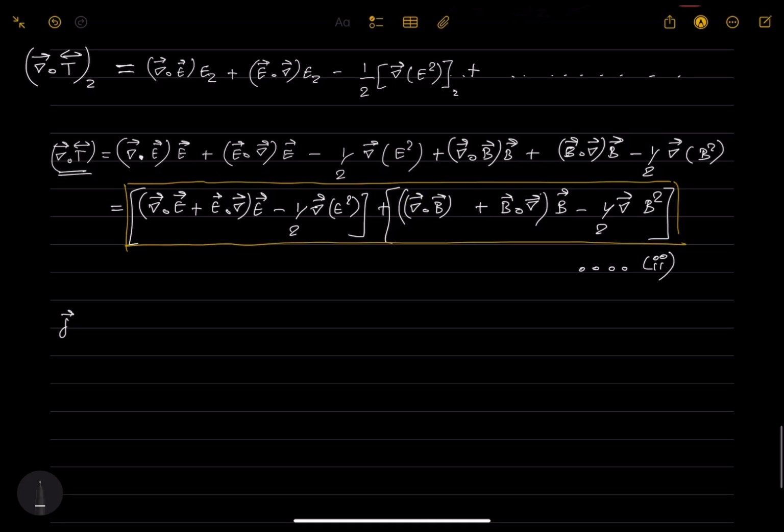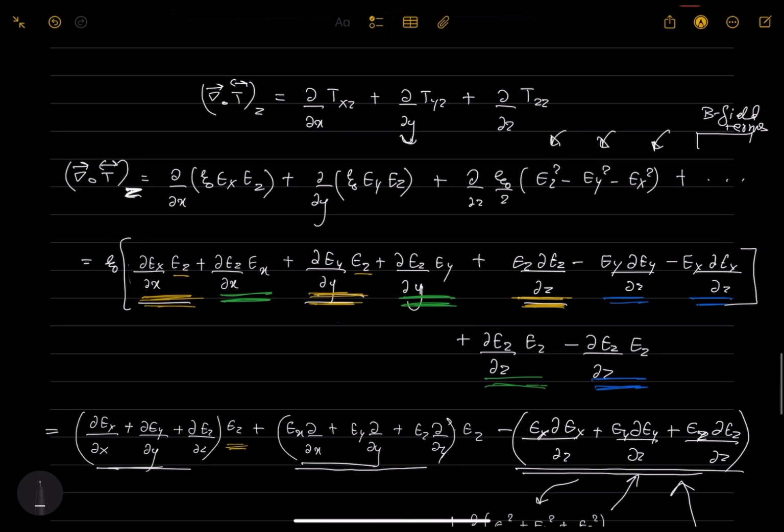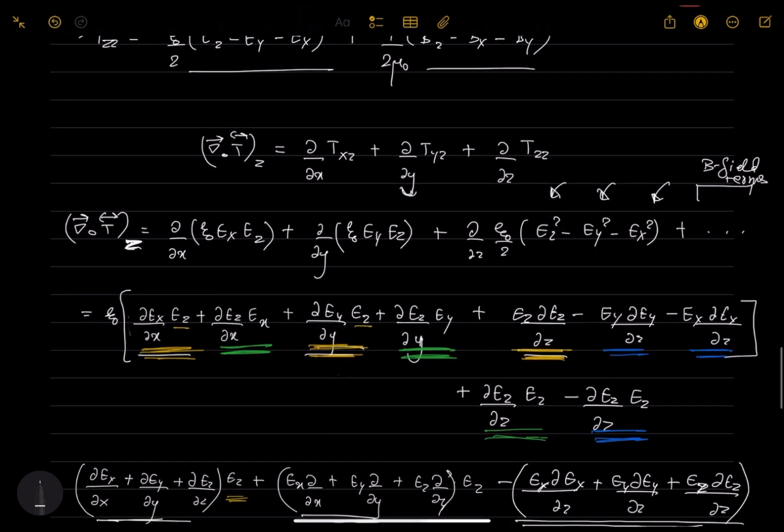The local force density that we obtained, I've symbolized that by small f, was the divergence of E plus E dot del. Okay, I think we've actually omitted epsilon naught out of all of our calculations, right?